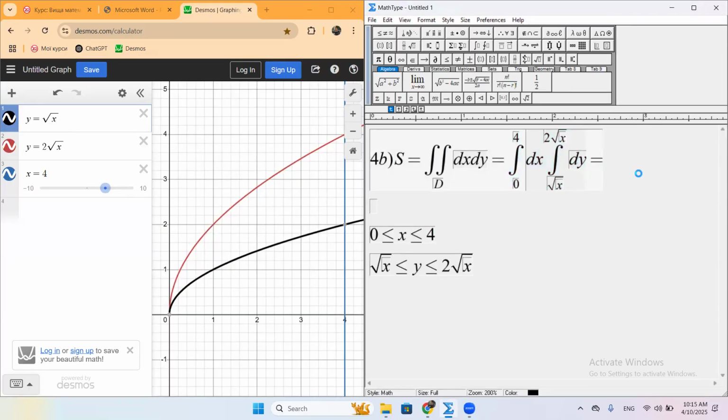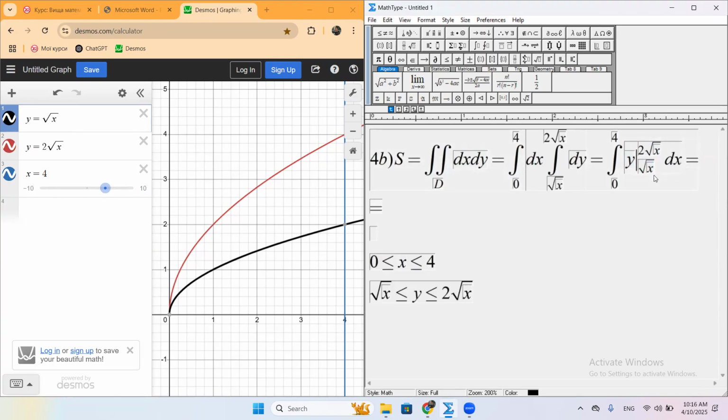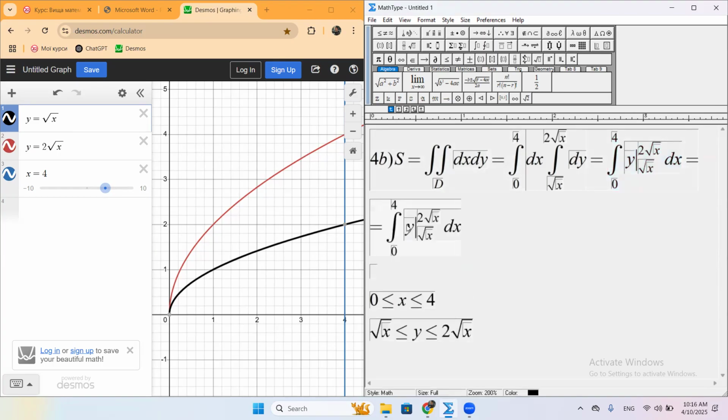So again, y with the following substitutions. So it will be, we will integrate just square root of x.